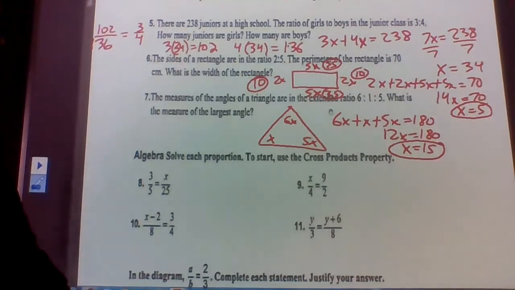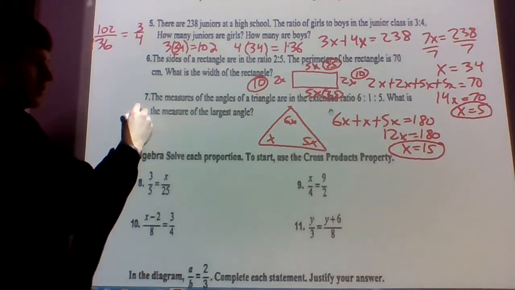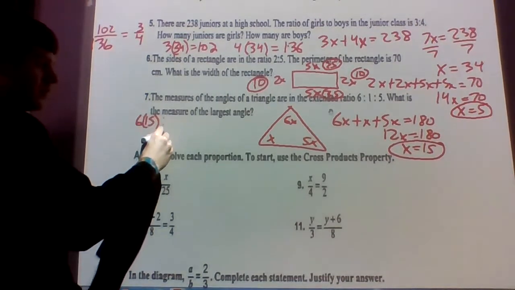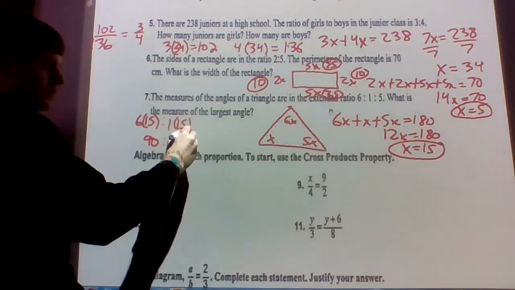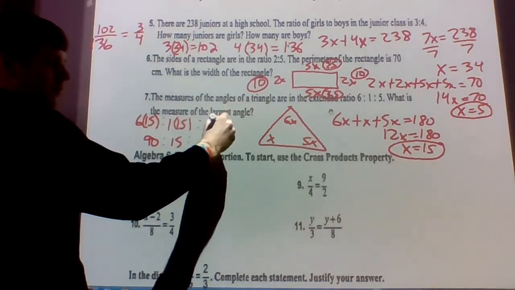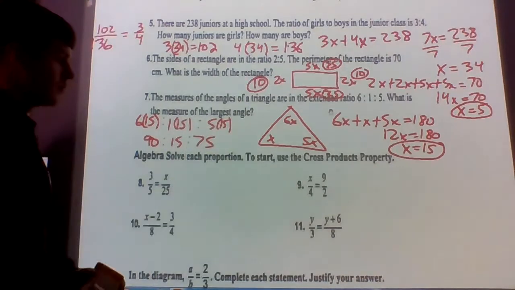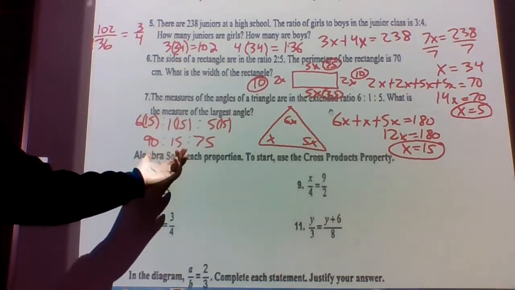Okay, so 6 times 15 is going to be 90. 1 times 15 is going to be 15. And then 5 times 15 is going to be 75. So 90 plus 15 plus 75 all adds up to 180.